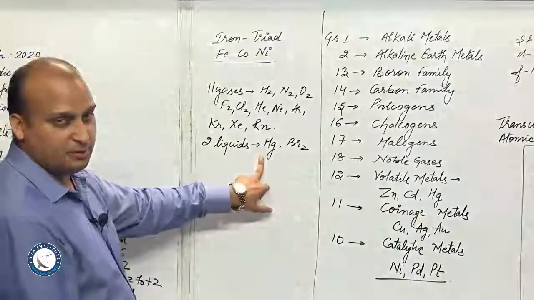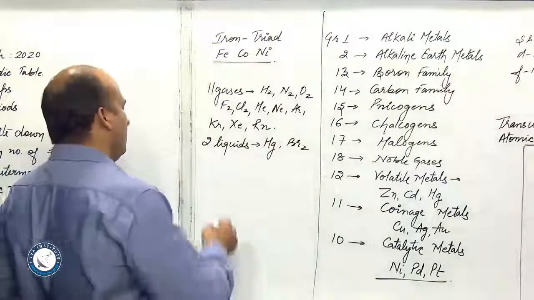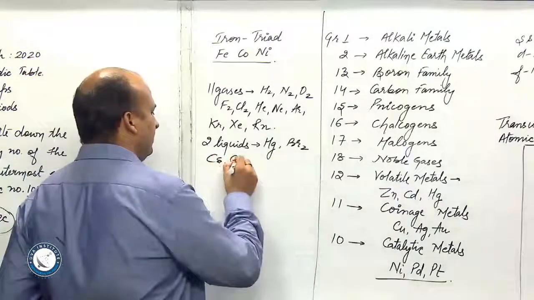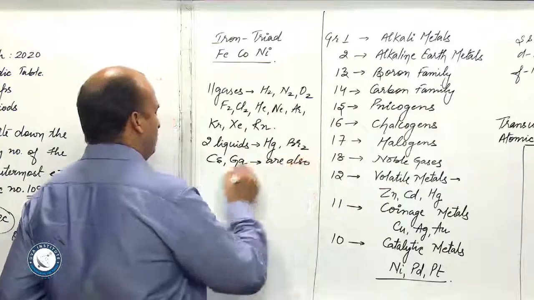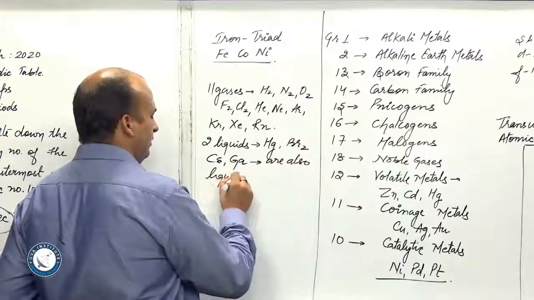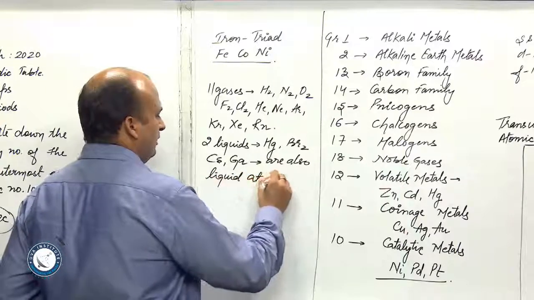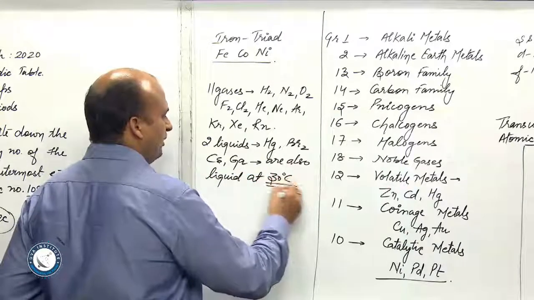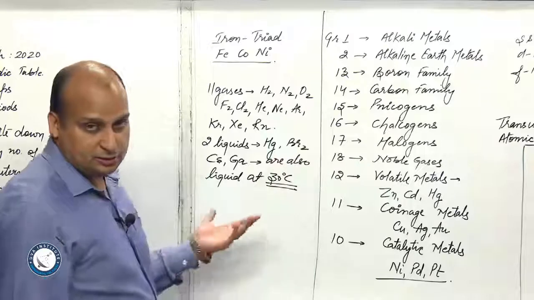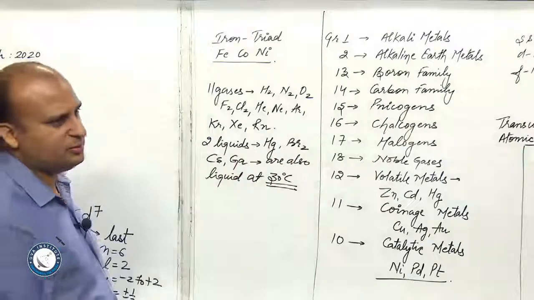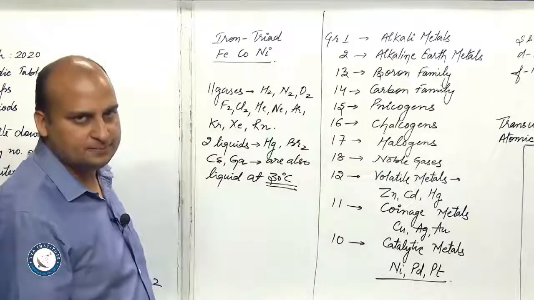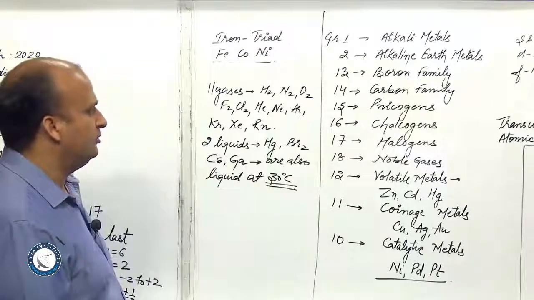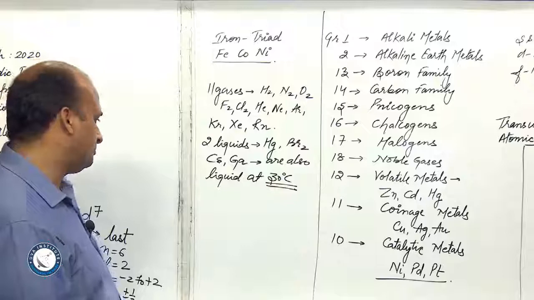This is liquid metal, this is liquid non-metal. Apart from this, cesium and gallium are also liquid at 30 degrees Celsius. So in many countries, rather I should say African countries, they will always be in the liquid state. Right? Rest all are solids. Okay?